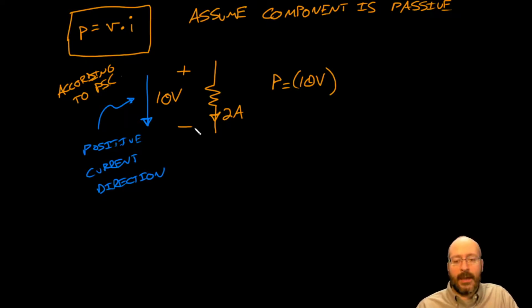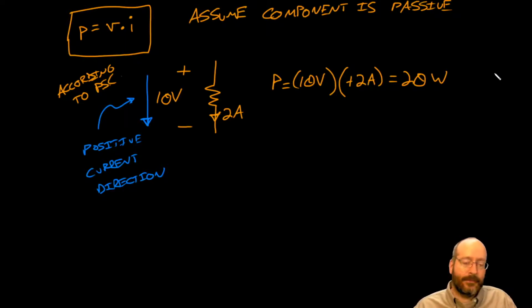All right, that 2 amps is flowing down. It's flowing in the positive direction, which is great. So we can come over here and we can say this is plus 2 amps. I wrote the plus just to be absolutely explicit in what I'm doing here. And we can go through and multiply it, and we're going to get 20 watts. It would be joules per second, right?